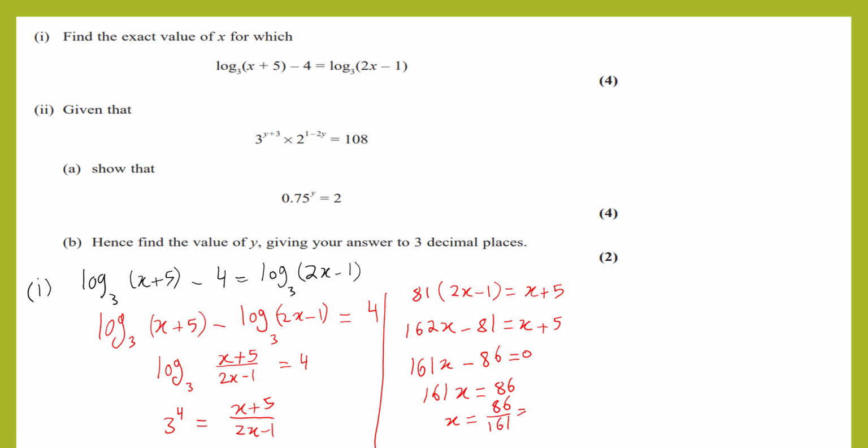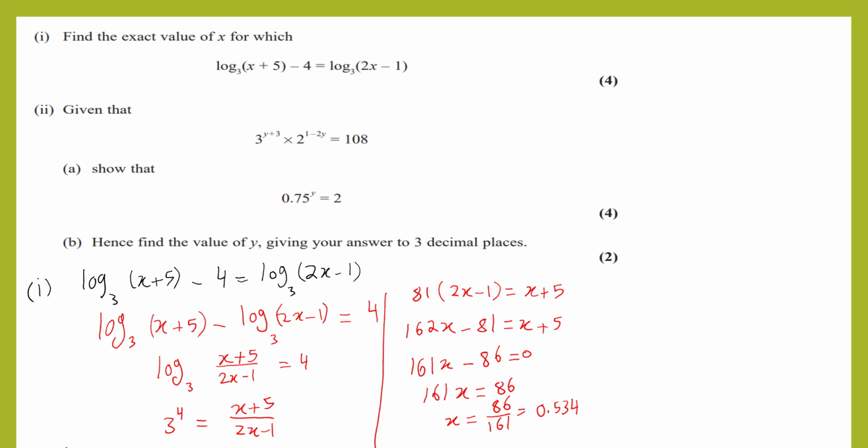Let's just calculate this, 86 divided by 161. It's approximately 0.534 to three significant figures. So this is the answer of I.